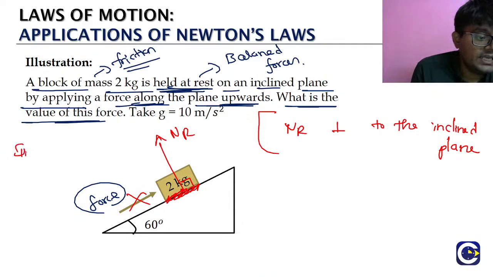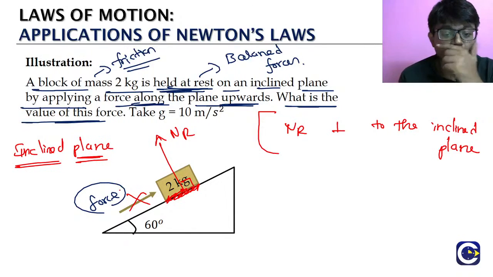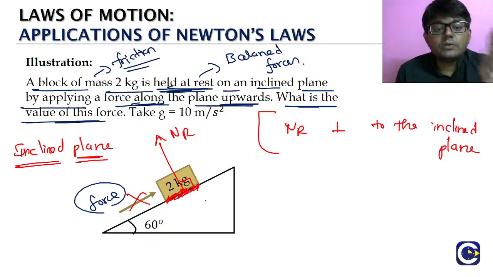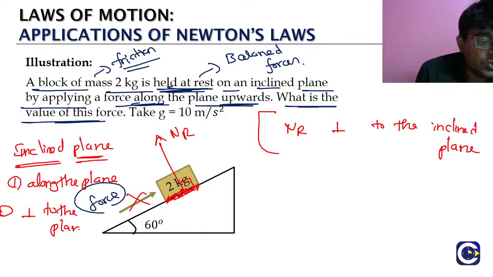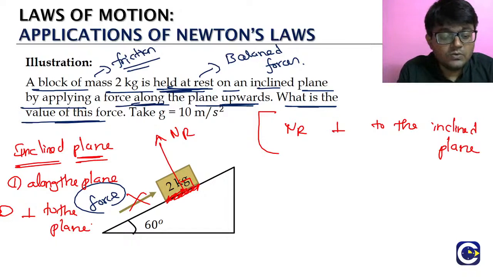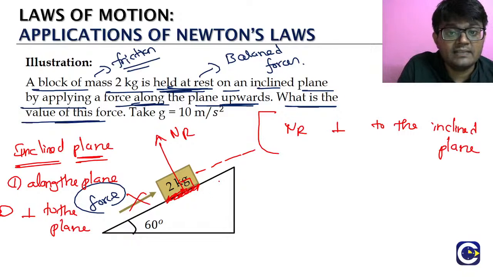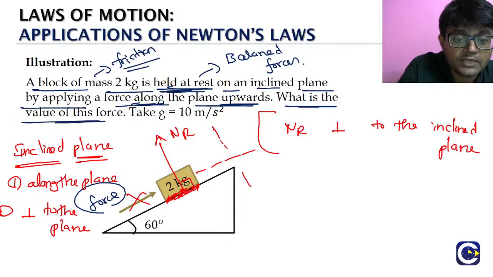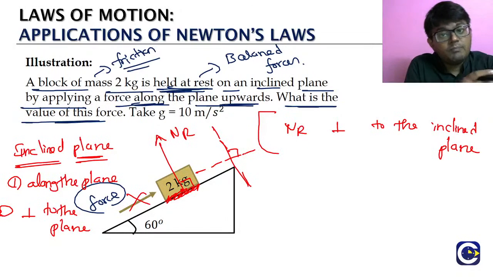In inclined plane problems, we look at the 2 directions as one direction along the plane, and the second perpendicular to the plane, because we can take 2 perpendicular directions, right? One is along the plane. Look, along the plane is one direction where we will apply the balancing of the forces. Then perpendicular to the plane. Both will be perpendicular to each other.